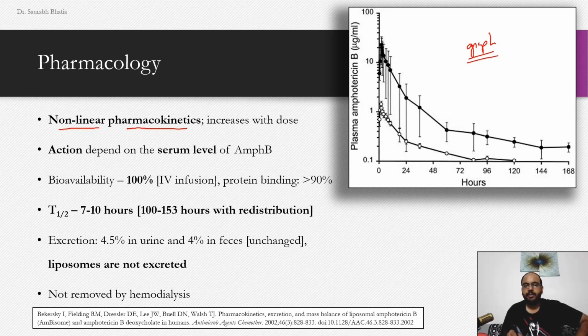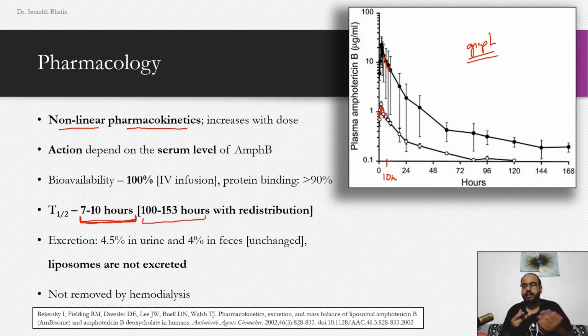The initial concentration rises very rapidly when you're administering amphotericin B. Roughly at around the 10-hour junction, you see a decrease in concentration. So this 10 hours becomes your first half-life, which is 7 to 10 hours. But many articles mention 100 to 153 hours.